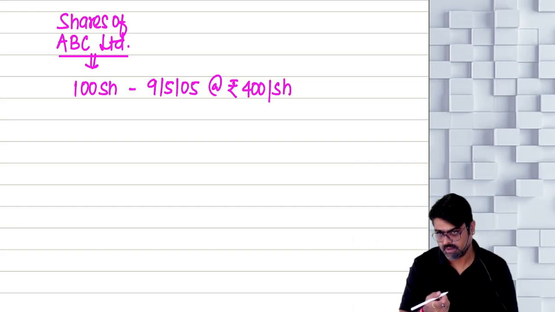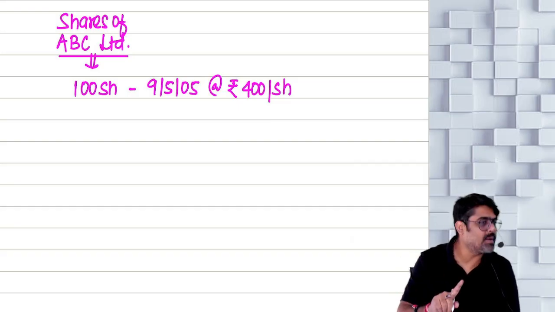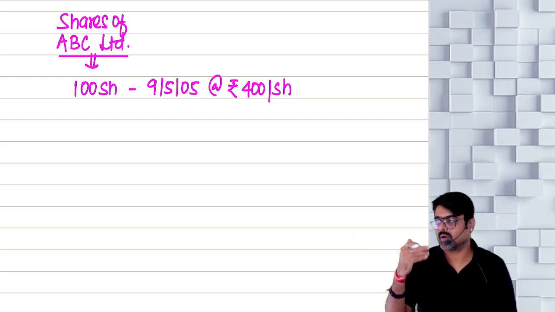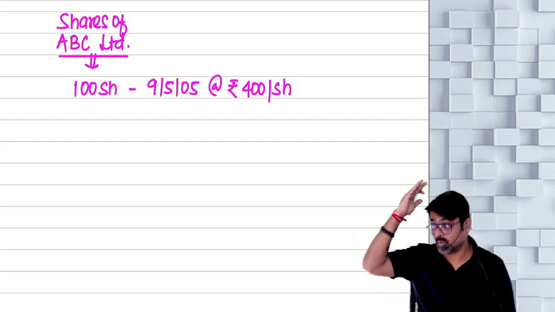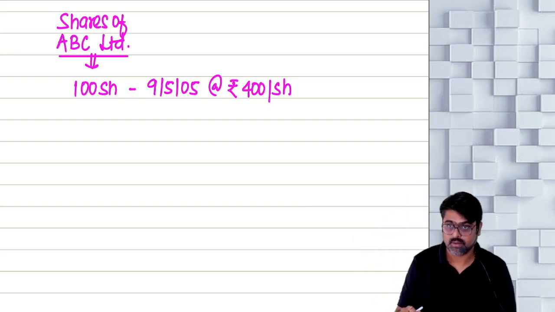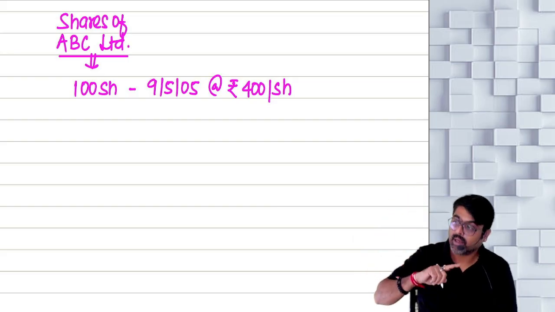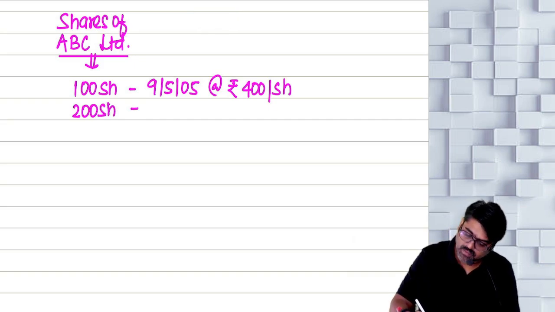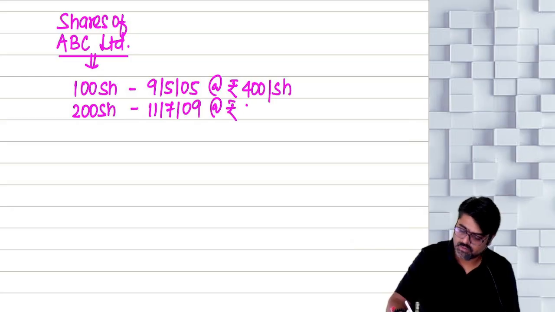Now that assessee acquires the same company's shares once again. Possible or not possible? So once he acquired 100 shares on 9th May 2005 for rupees 400. Of this same company, again he is acquiring 200 shares on 11th of July 2009 at rupees 510 per share.